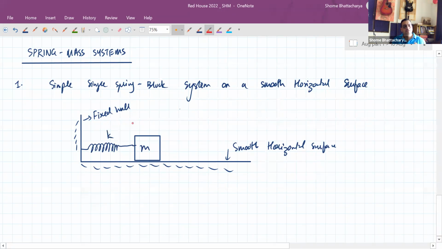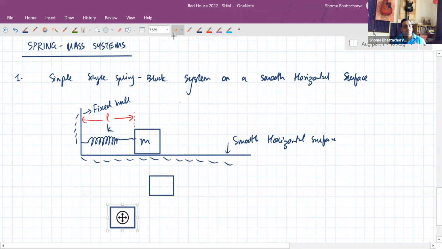Now we can see here that if this is the position where the spring is at natural length, then from this position, whether we give it a positive displacement or a negative displacement, there will always be a restorative force which is proportional to displacement and opposite in direction. So this is the equilibrium position, and the net force on the body is zero here.